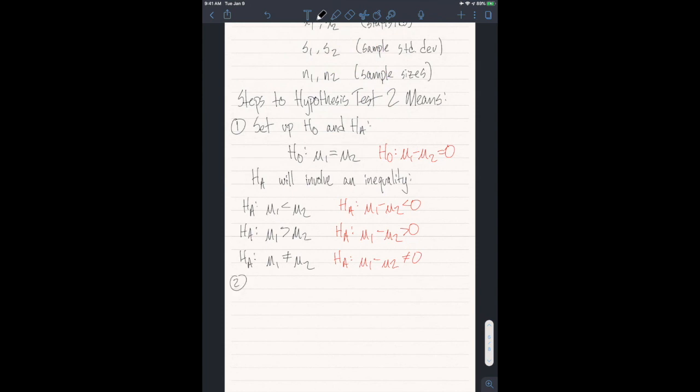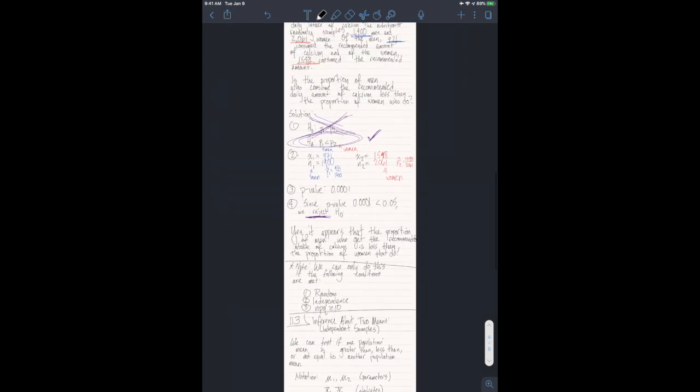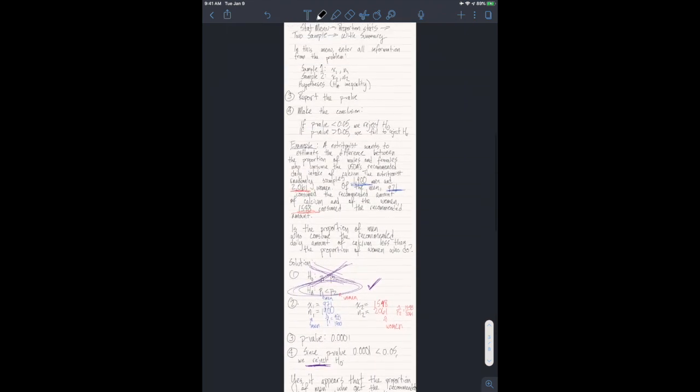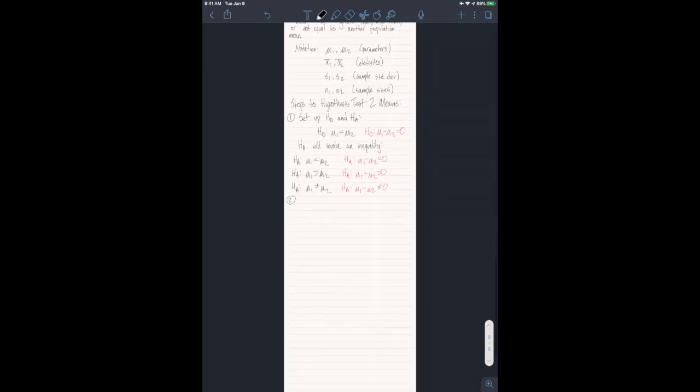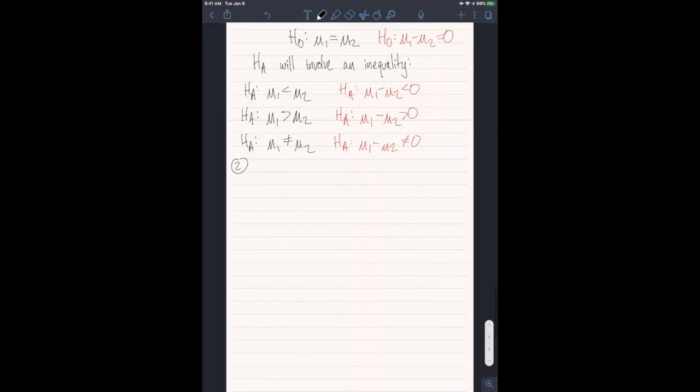Step 2. So after you set up an H0 and HA, I'm just going to zoom back to my note. What did I say? Step 2 was use StatCrunch. We're going to take a brief step before we jump straight to StatCrunch. It would be find x1 bar, s1, x2 bar, and s2. What are these? X1 bar is the mean of sample 1.